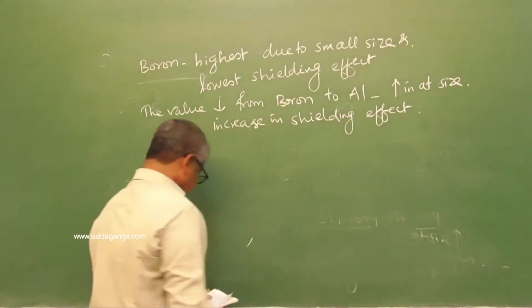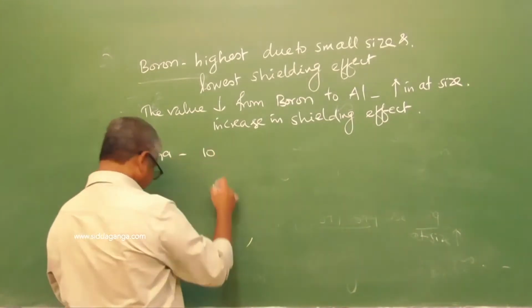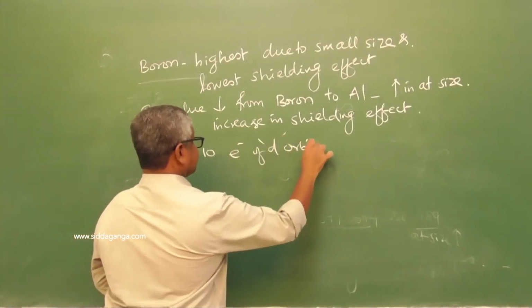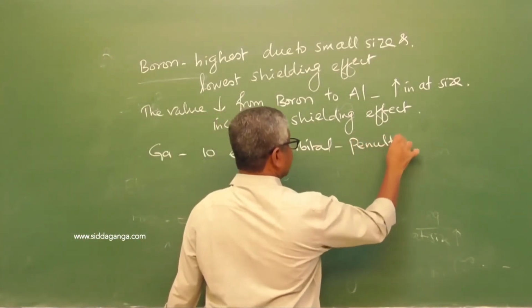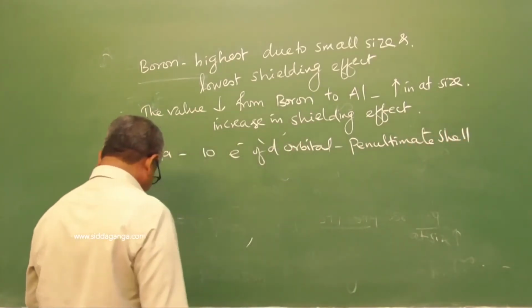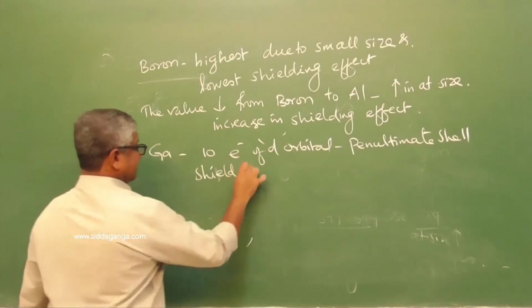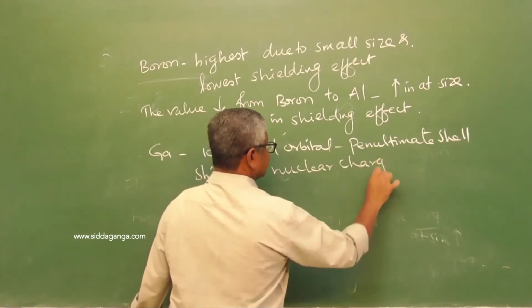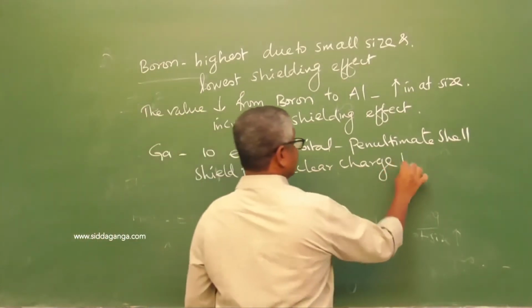Now, compare gallium. Gallium has 10 electrons of d orbital in the penultimate shell. They shield the nuclear charge less effectively.